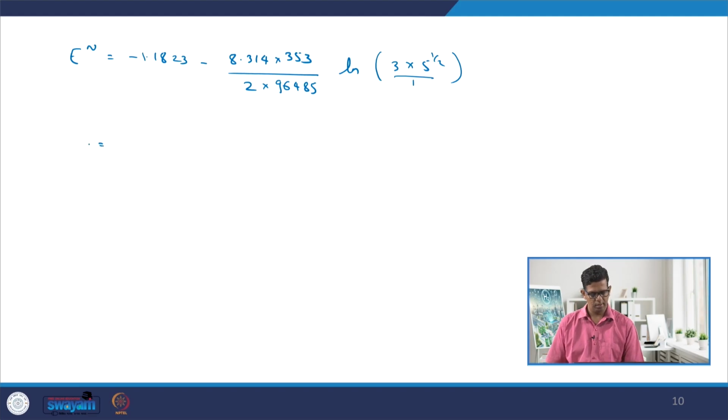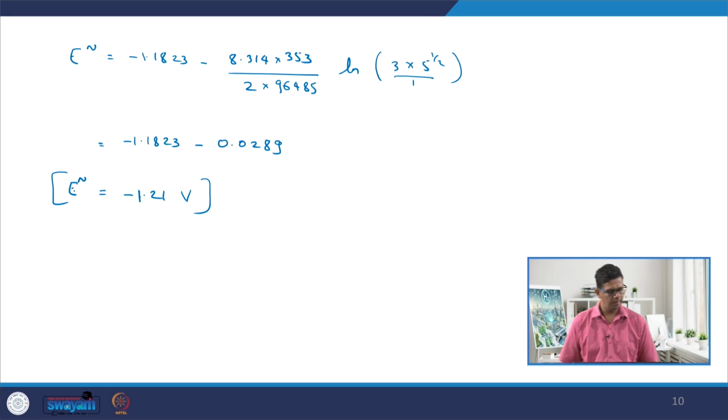So, let us solve this up. This comes minus 1.1823 minus this entire thing. If we solve this up, this will be minus of 0.0289. So, both are negative terms, so they will get added. So, E_N is nothing but minus 1.21 volt.